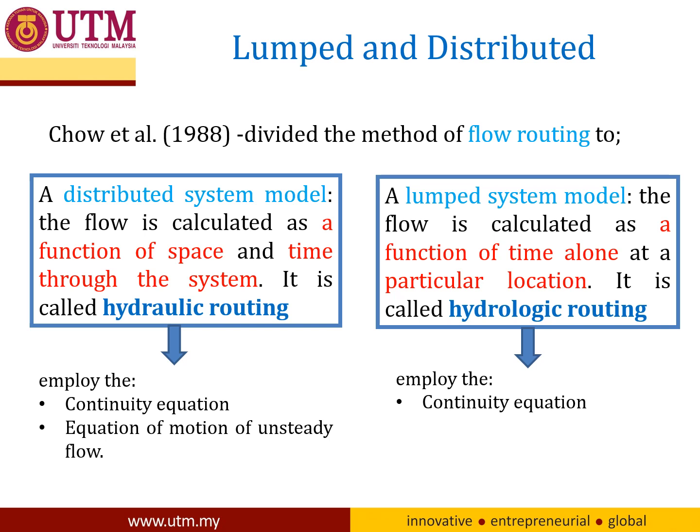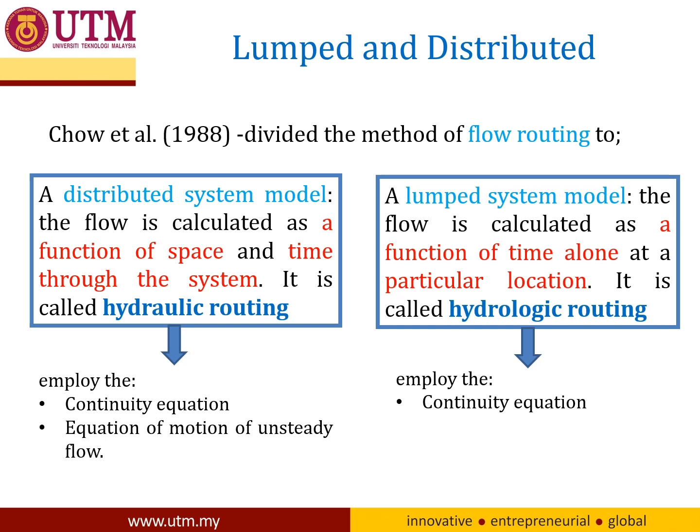For example, here for hydraulic routing, it uses the continuity equation and equation of motion of unsteady flow. So unsteady flow means that it uses the equation which relates the hydraulic parameters. For example, the river, we need to know the river cross section, slope. So it relates with the unsteady flow.